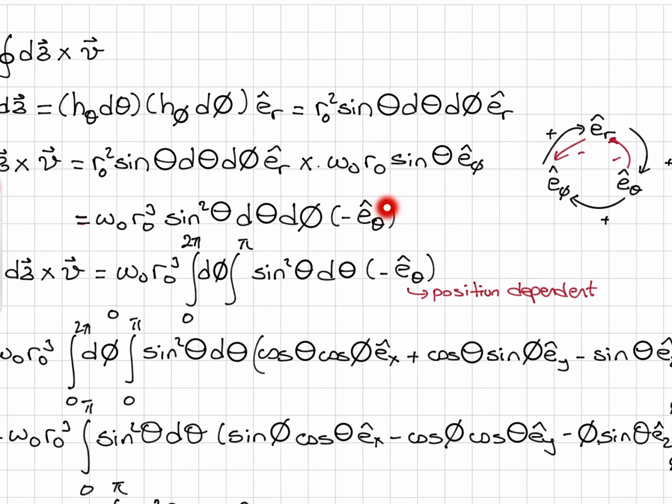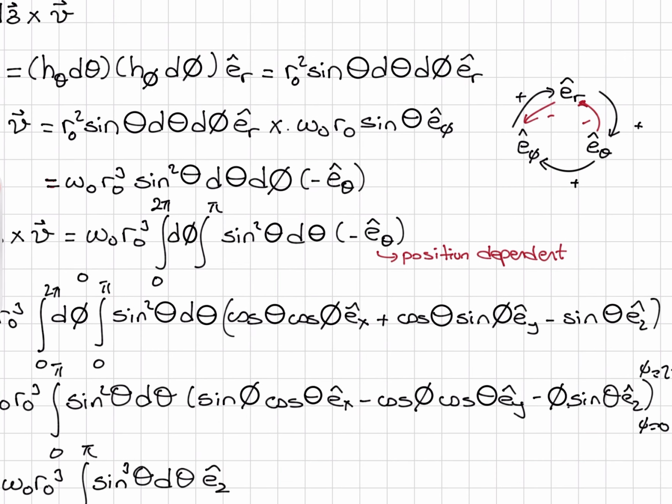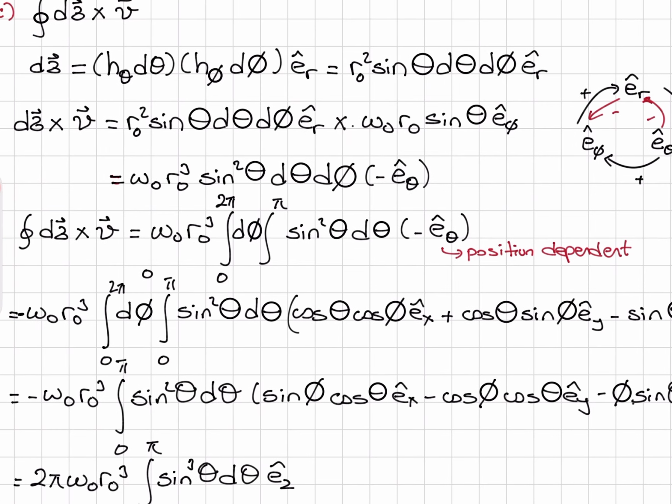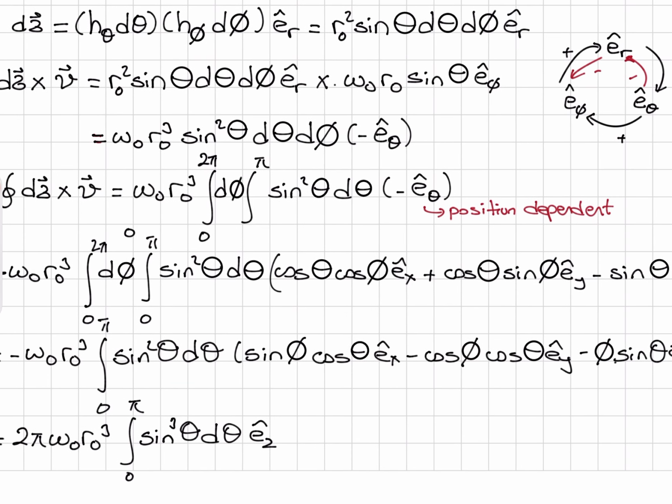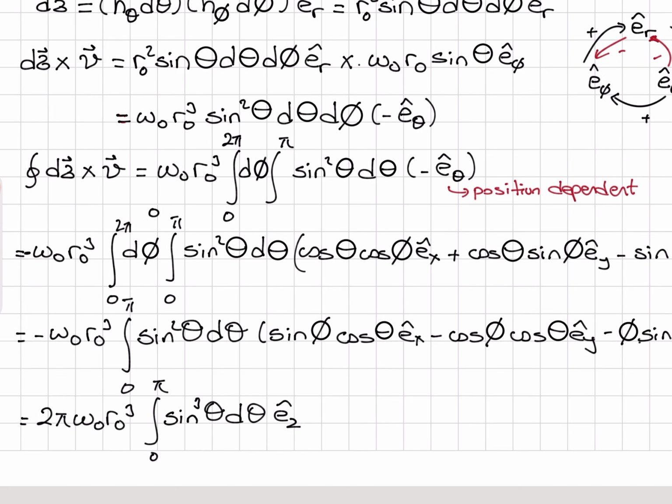So minus e theta hat is actually a position-dependent unit vector, which is minus cosine theta cosine phi ex hat plus cosine theta sine phi ey hat minus sine theta ez hat. In order to cover the full surface, I have to have theta varying between 0 and pi and phi varying between 0 and 2 pi.